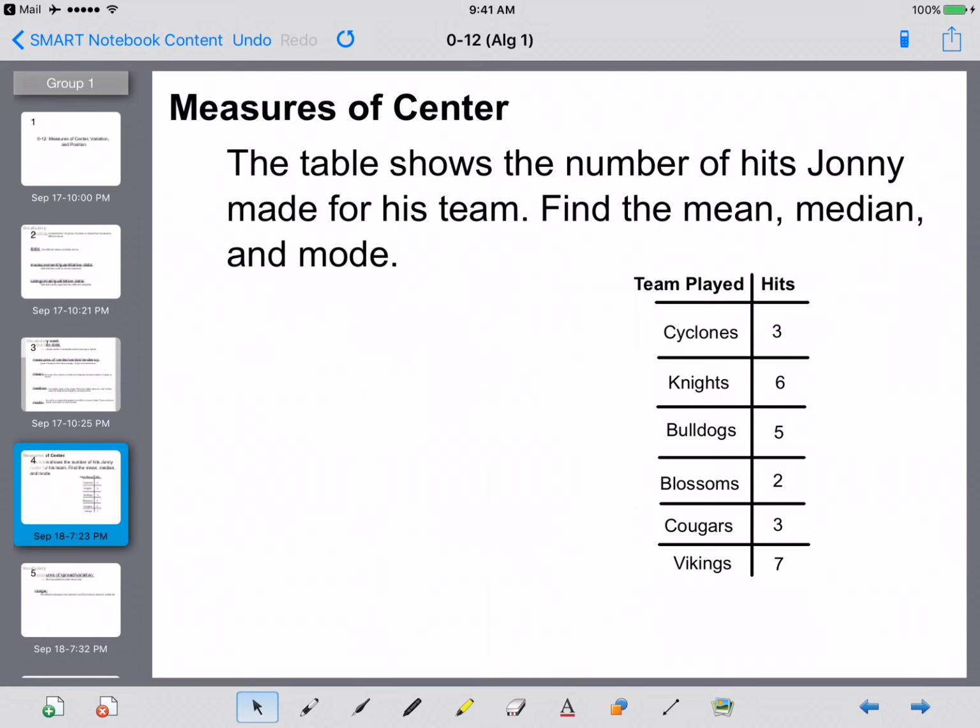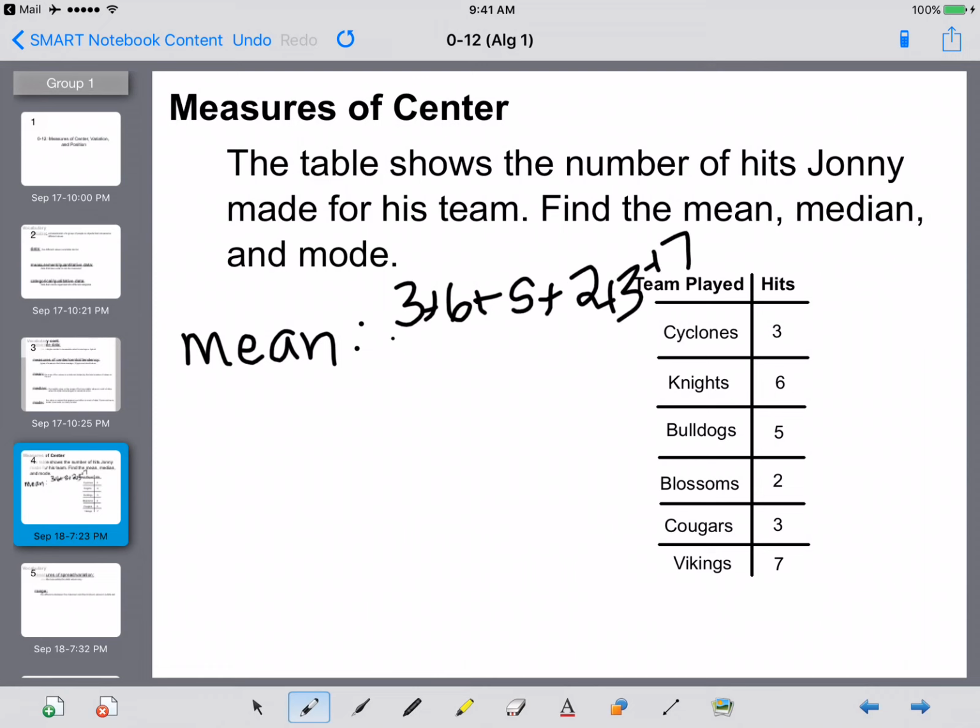So here, this table below shows the number of hits Johnny made for his team. We want to find the mean, the median, and the mode. So to get our mean, we add them all up. So 3 plus 6 plus 5 plus 2 plus 3 plus 7, and divide by how many there are.